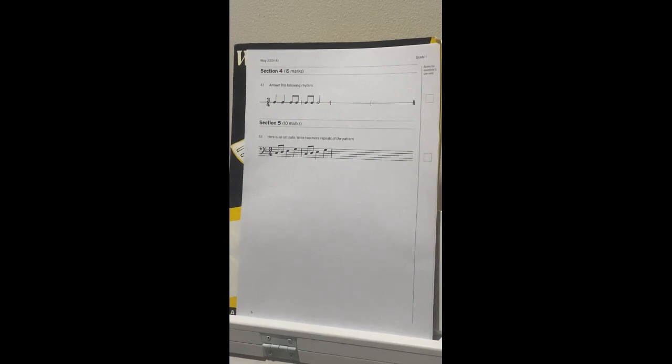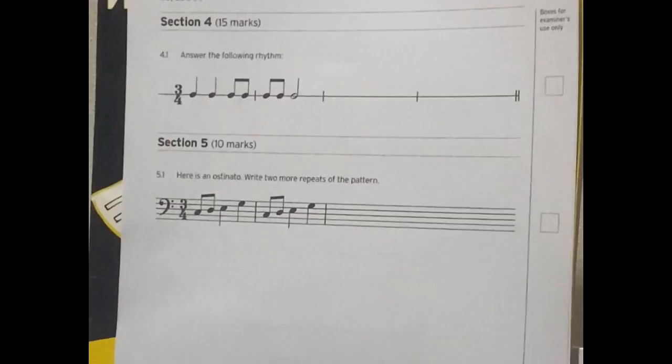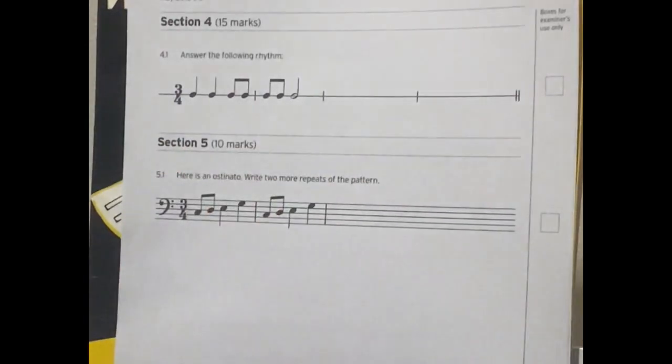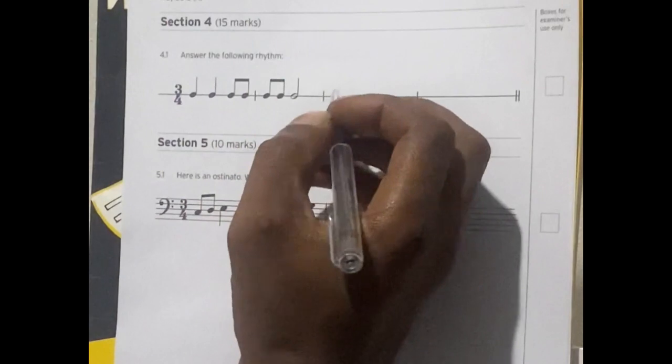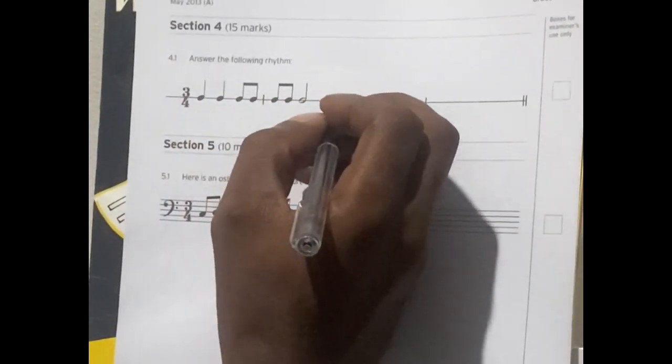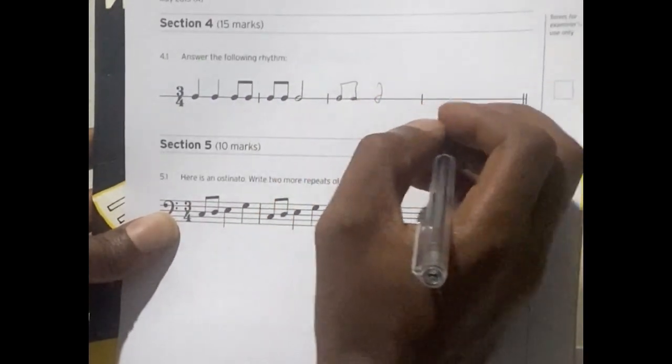Section 4, answer the following rhythm. Well, what you could do is put, so that equals 3, that looks kind of similar. 1, 2, 3, and 1 and 2, 3, 1 and 2, 3. I'm gonna put them 1 and 2, 3.